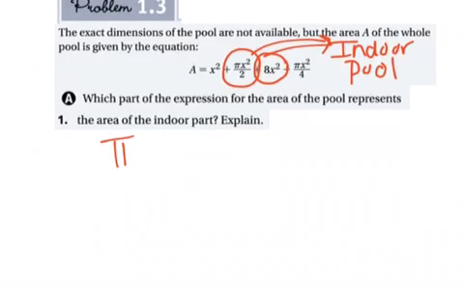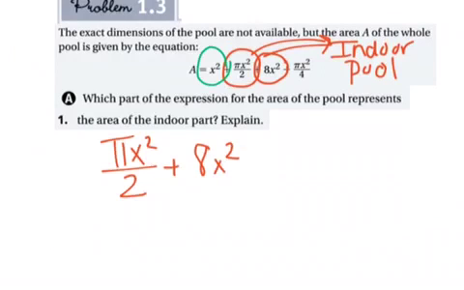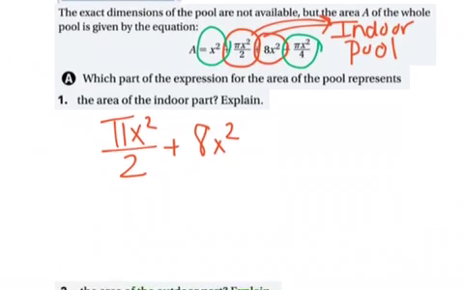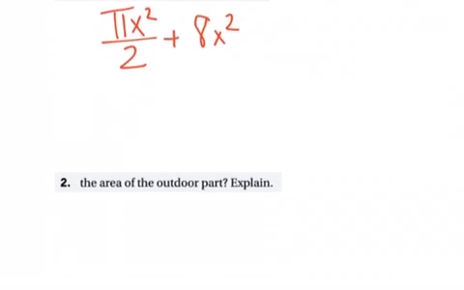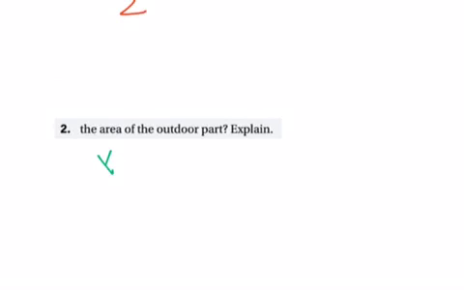Okay, so we have pi x squared divided by 2 was our half circle, plus 8x squared, which was our rectangle. So this leaves x squared and pi x squared divided by 4 as our outdoor part of the pool. So we have x squared plus pi x squared divided by 4.